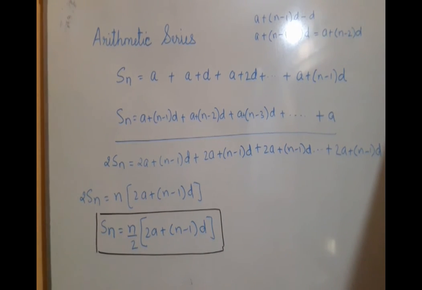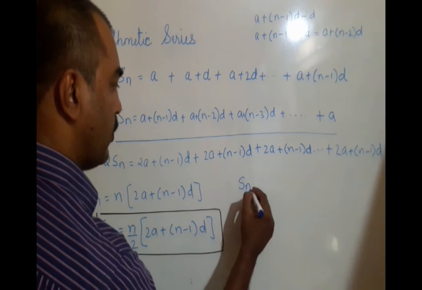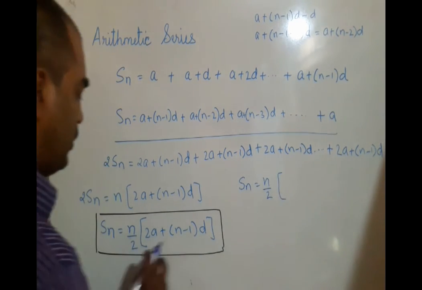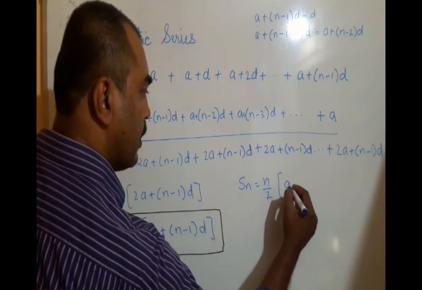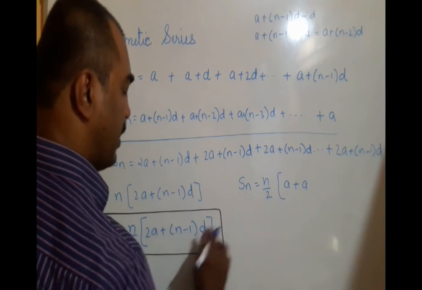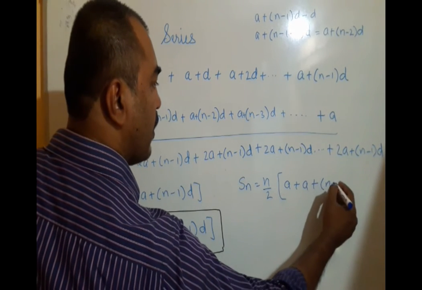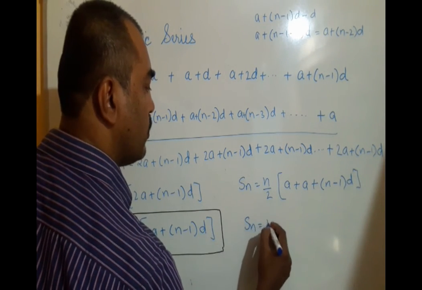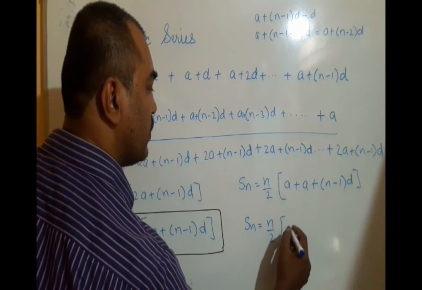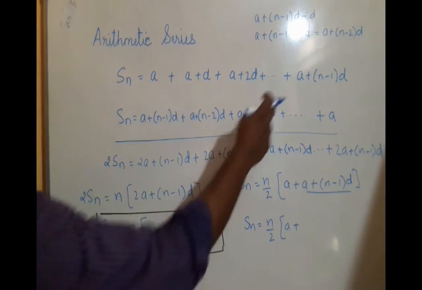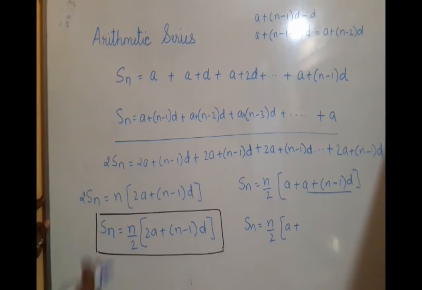Okay. Now there's one more thing we can do. We can also write Sn equal to n by 2, and this 2a can be written as a plus a. So a plus a is 2a, and then I write this plus n minus 1d. So Sn equal to n by 2, a plus... Now what is a plus n minus 1d? It is the nth term or the last term of the sequence.